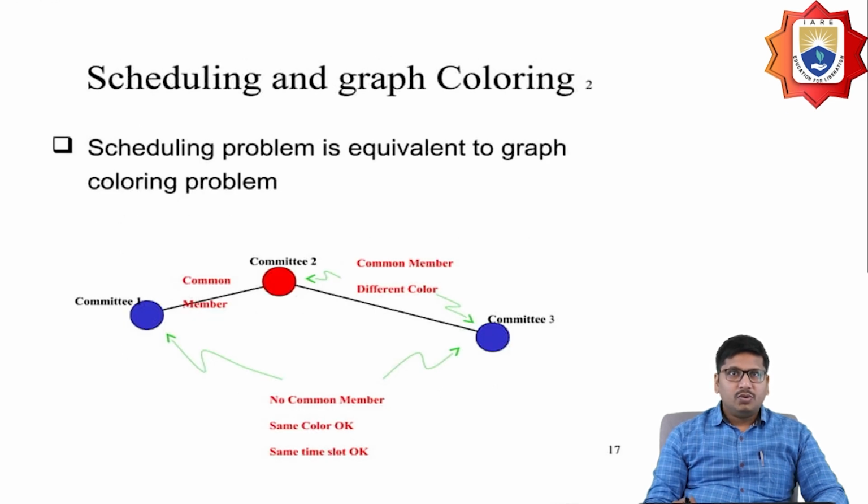So this scheduling problem is equivalent to the graph coloring one. Here I consider two committees that are filled by a common member, and they should have different colors.